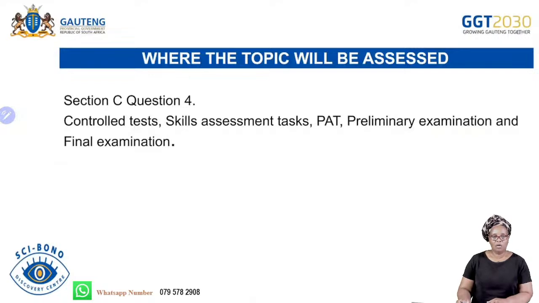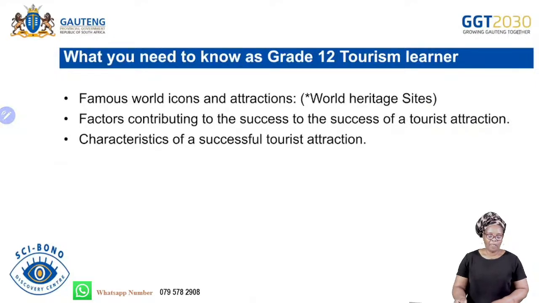And also, you'll be assessed on this topic on the control tests that you'll be writing at school level. Like you'll be writing the June exam now, you will be assessed on this topic. Also on the skills assessment and the PET, you will be expected to apply your knowledge on this task. So you need to know exactly where you will find this topic.